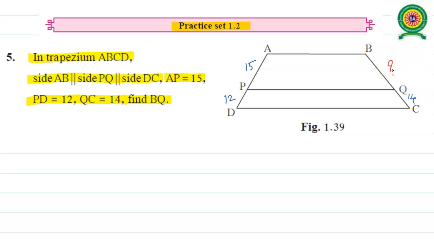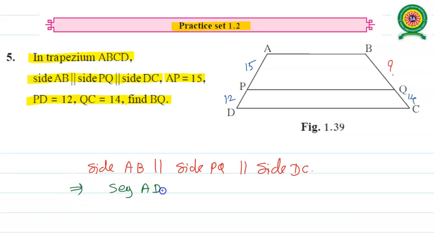Now, once the three lines are parallel, side AB is parallel to side PQ, which is parallel to side DC. So by the property of three parallel lines and their transversal, segment AD and segment BC are transversals. What is meant by a transversal?